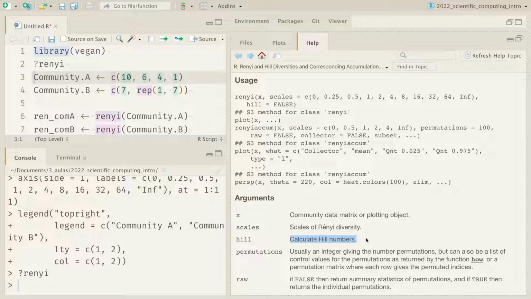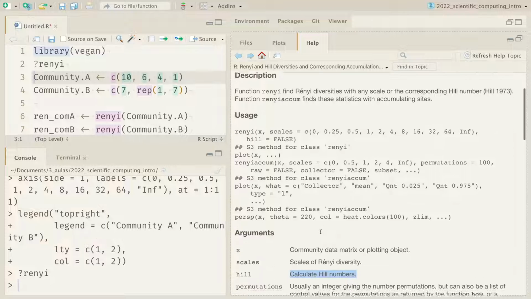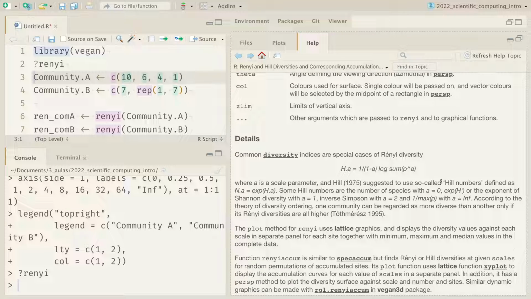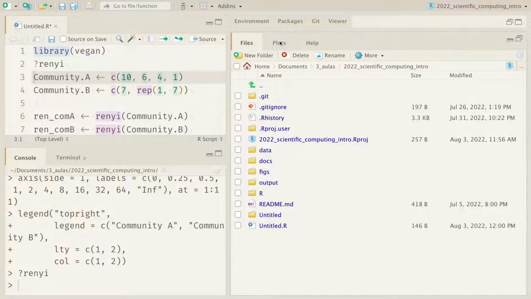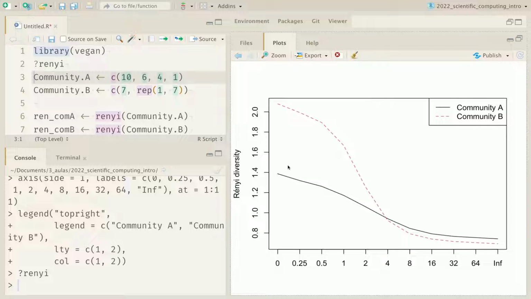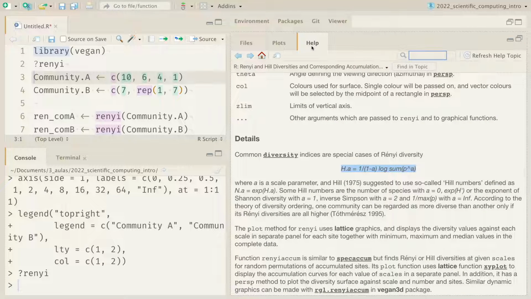The Hill numbers would be richness and diversity at different levels, and Hill numbers are, remember, the exponent of this. So this is why this plot is still in the original scale of diversity. It does not have an upper bound, but it's not in terms of number of individuals.